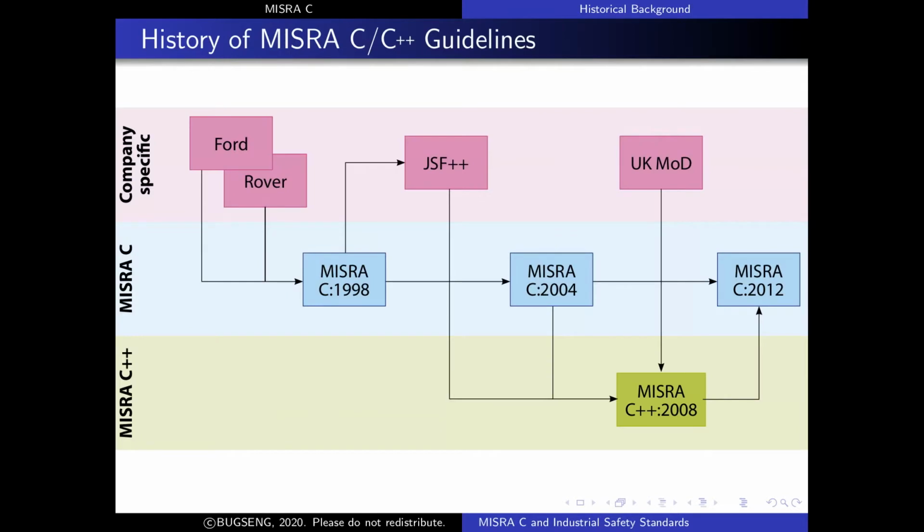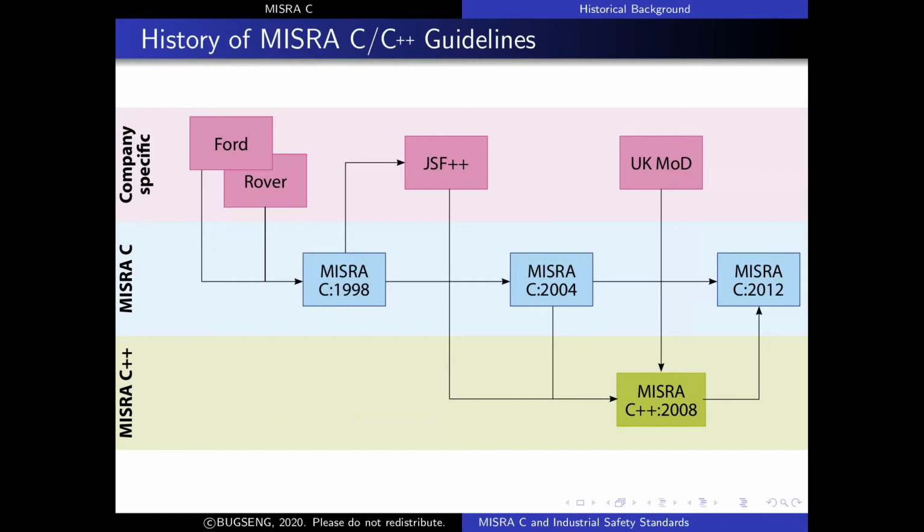So here is a picture showing a little bit of the history of MISRA C. At the beginning, Ford and Rover were working on their own in-house development guidelines for the C programming language, and they put forces together under the umbrella of the MISRA project.